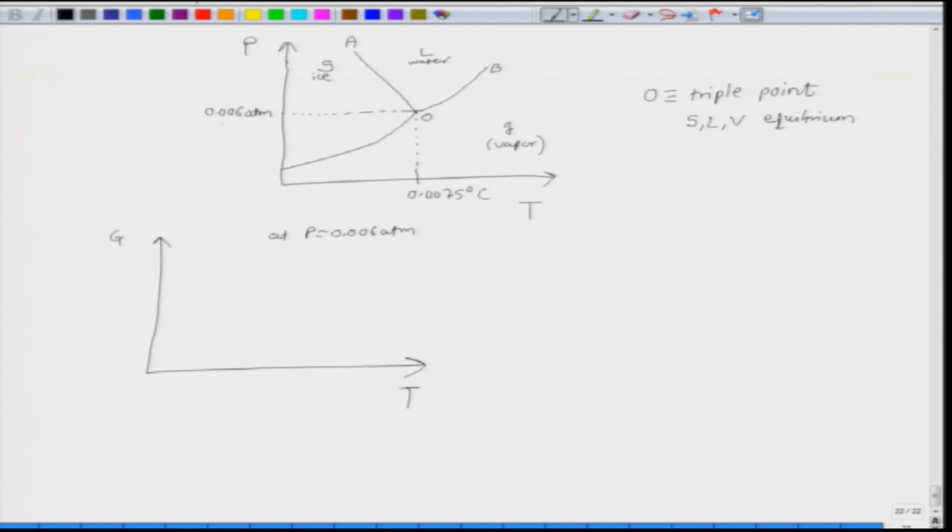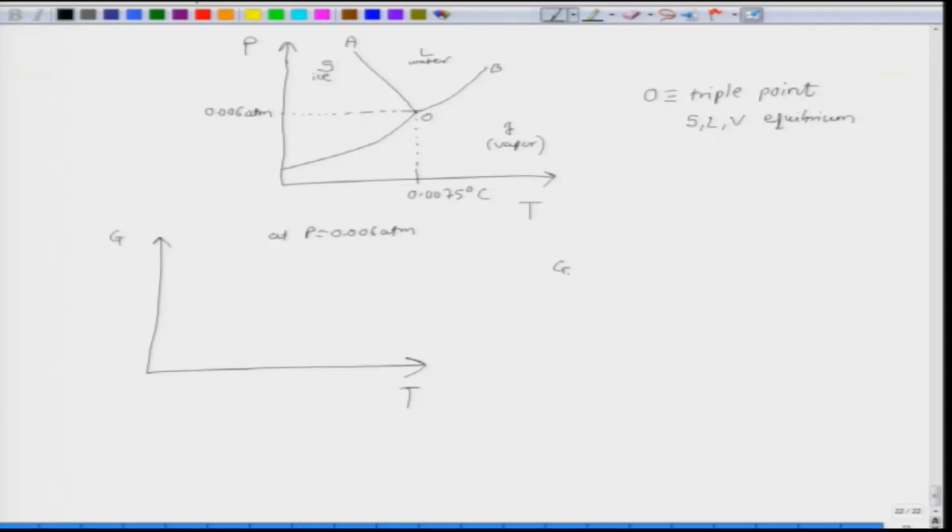So, if we see at 0.006 atmosphere, as we increase the temperature, what happens? First the solid is stable at low temperature, then as we keep heating at 0.0075 degree centigrade, we reach the point O, which is the triple point. So, all three phases are in equilibrium, and then we enter the vapor region.